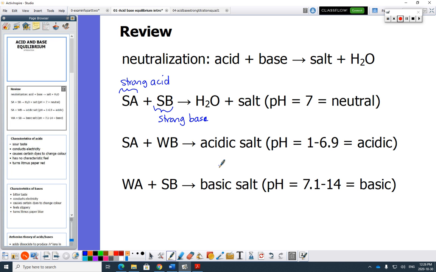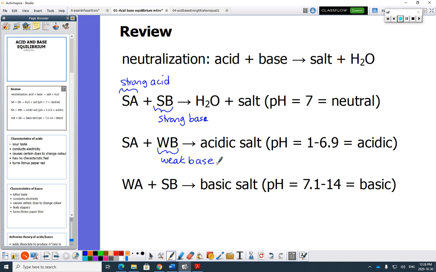However, if you don't have something that is strong, so if you have, for example, a weak base, then you're going to get what we call an acidic salt. So a salt that's a little bit more on the acid side, so a lower pH.